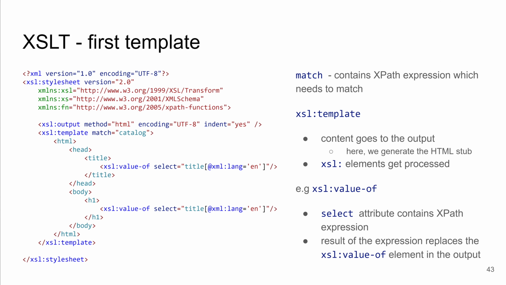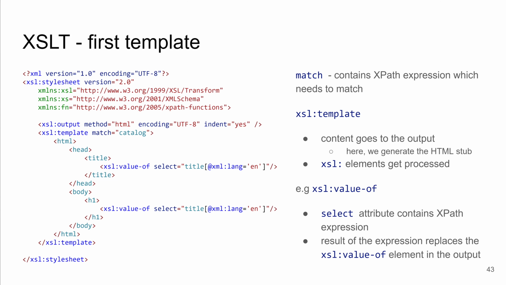So we use relative paths in these XPath expressions, and the relative paths are relative to the node matched by the template. So we are in the catalog node, and we go to the title element, and we filter to the one which has the English text, expressed as the value of the XML lang attribute.